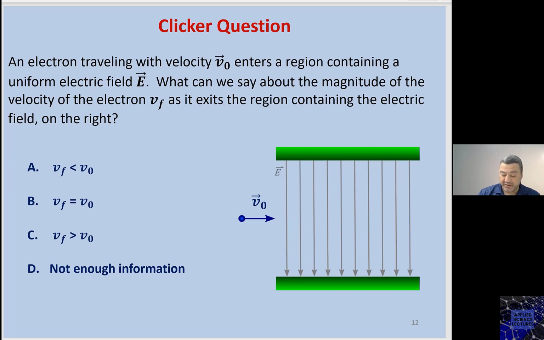Remember, this particle is going to have a force exerted on it. Once it enters the field, since this is an electron, there will be a force applied in the opposite direction of the electric field.